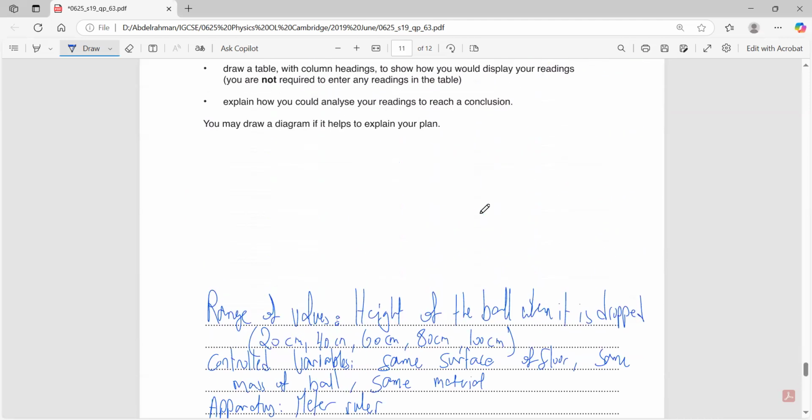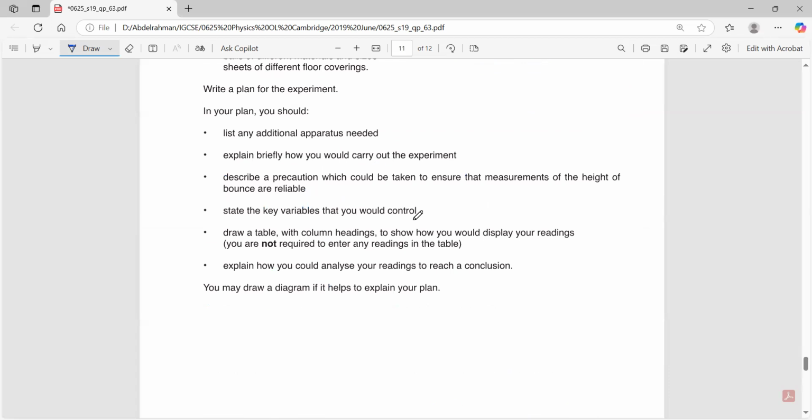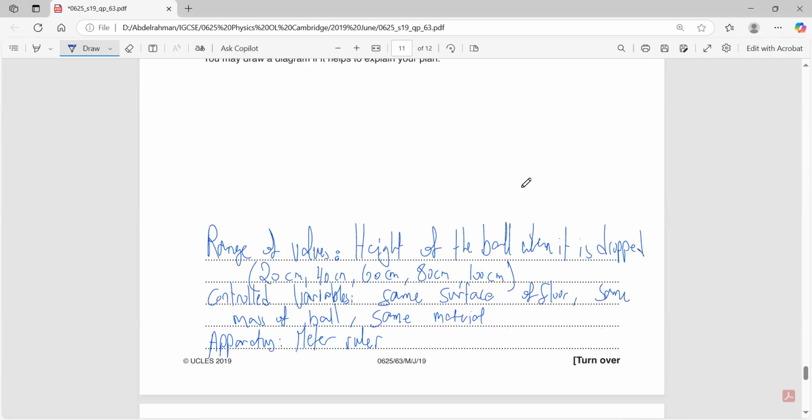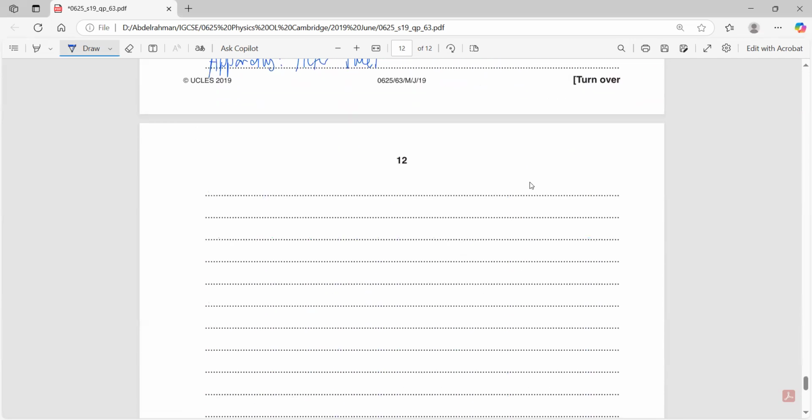What about the steps? So we wrote down the additional apparatuses, and we wrote down the key variables. Can I write down the precautions? Yeah, we can write down the precautions. One very important precaution would be to take the reading of the height perpendicularly to avoid the parallax error, right?